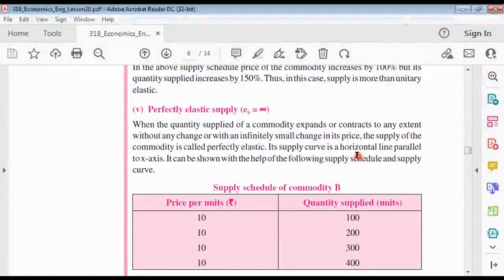When the quantity supplied of a commodity expands or contracts to any extent without any change or with an infinitely small change in its price, the supply of a commodity is called perfectly elastic. So either there is no change in price or there is an infinitely small change in price, very, very small. If quantity supplied changes, we'll have a case called perfectly elastic supply.